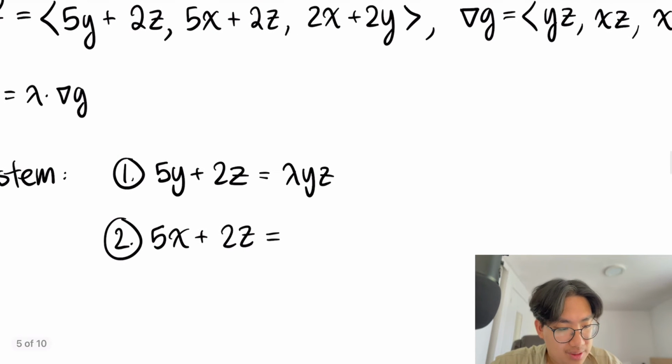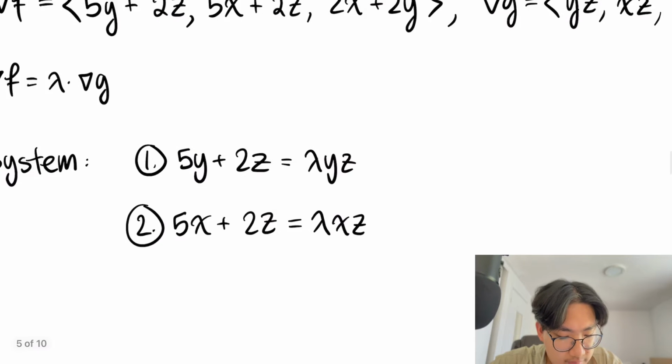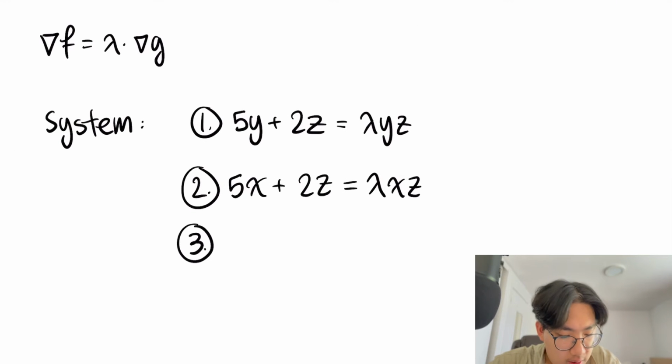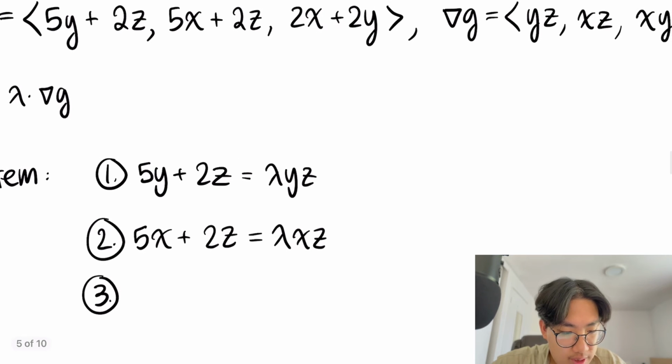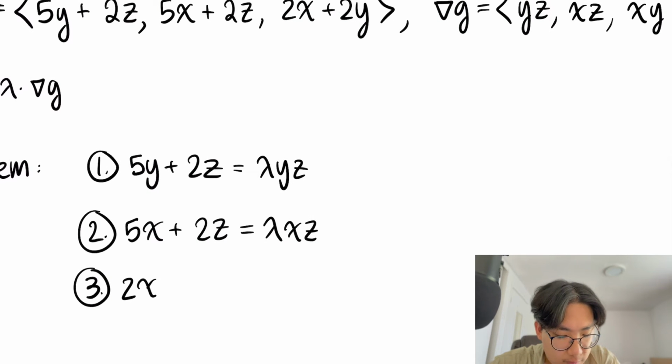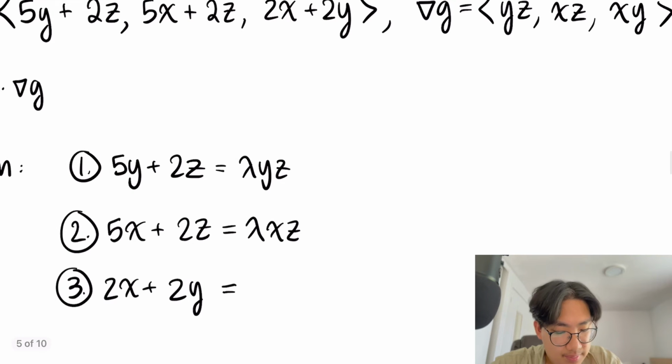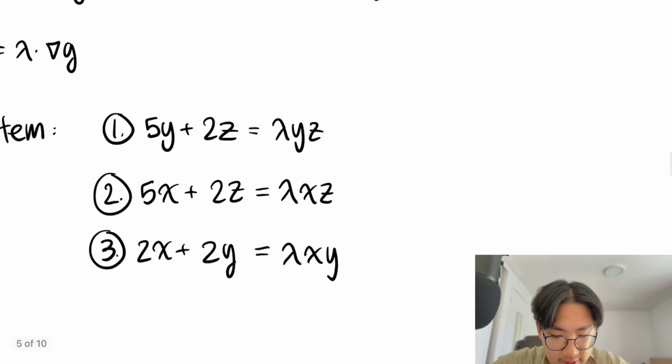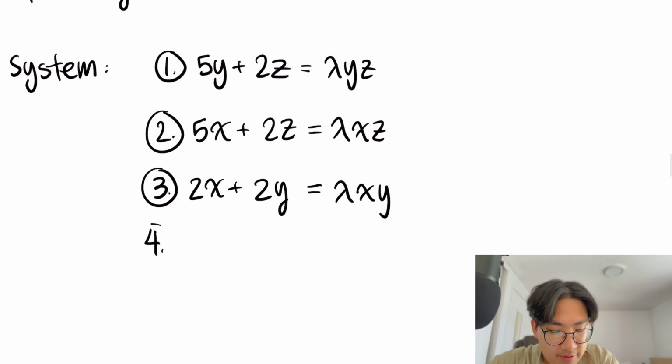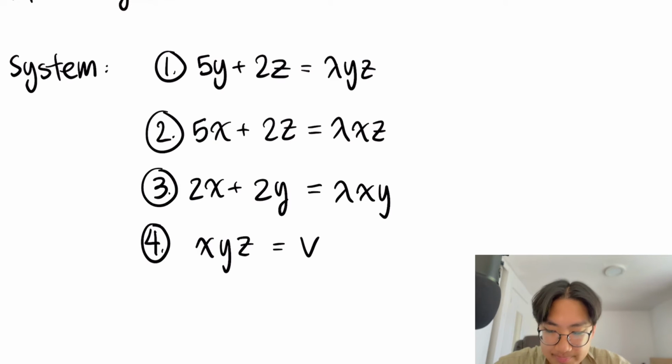This is equal to lambda xz. Three, we have 2x plus 2y. This is equal to lambda times xy. And then finally, as a fourth constraint, we just have the function g itself, which is that xyz has to equal some constant V.